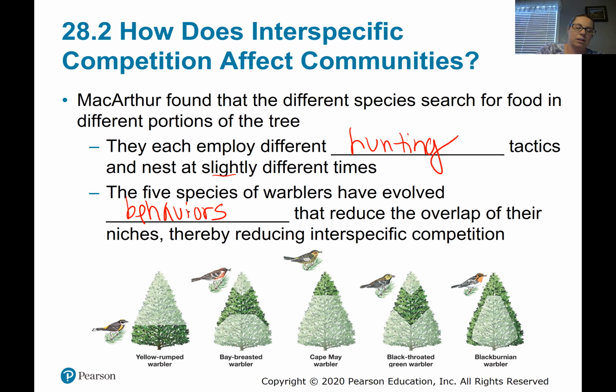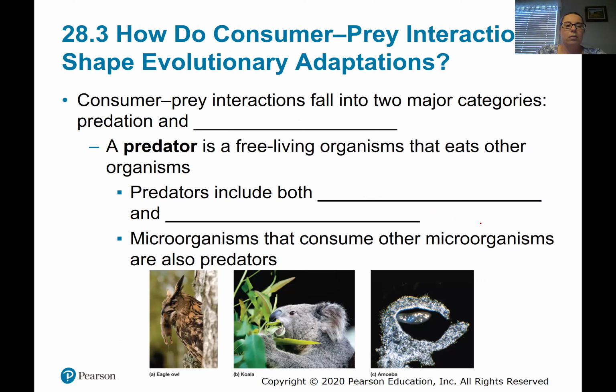And you can see this one here hunts and nests lower, this one mid-tree, this one does the edges and so forth. Okay, so that was interspecific competition.